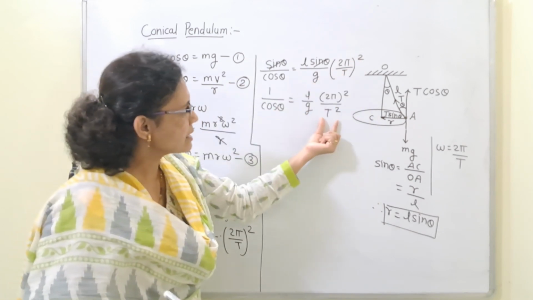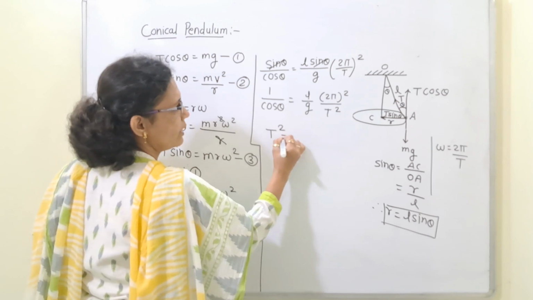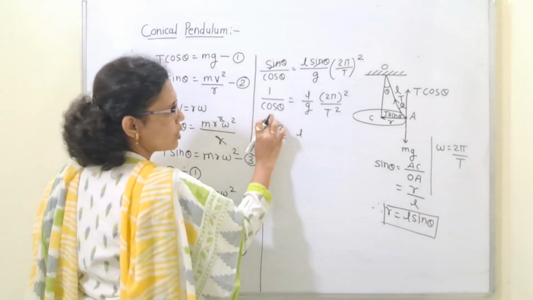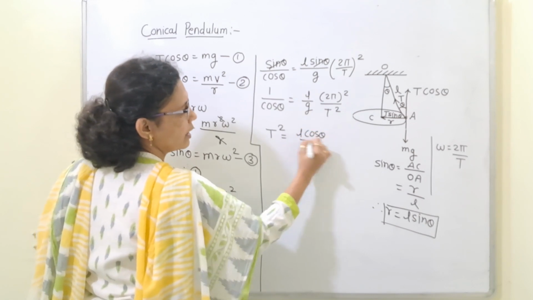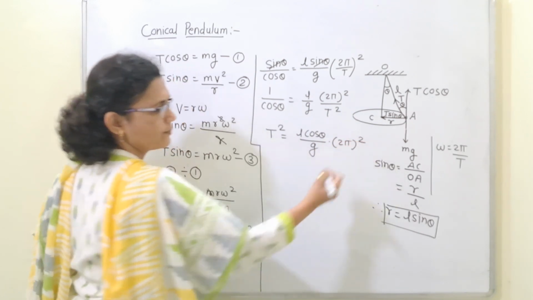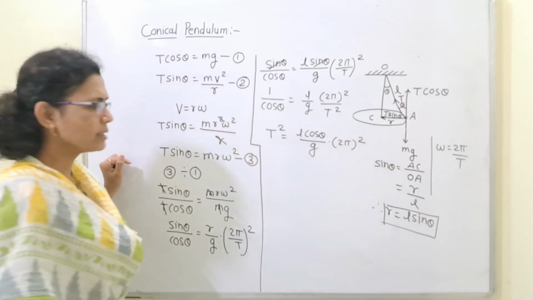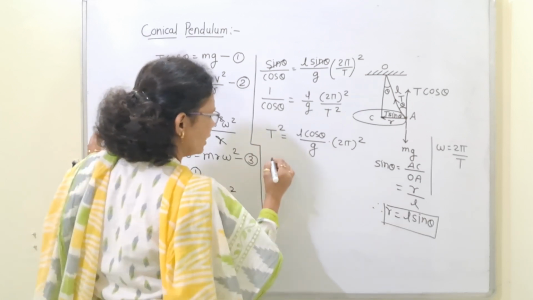Now I will take this T square towards the left side. So what will happen? See, T square is equal to L, this cos theta will get multiplied here. Therefore L cos theta upon G into (2 pi) whole square. Correct? Now if I take the square root of both the sides, what will happen?